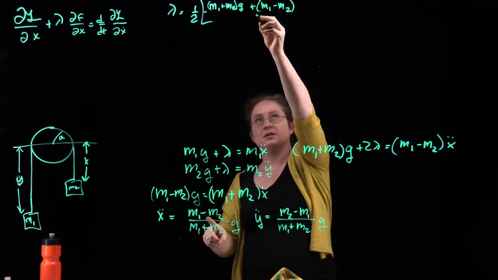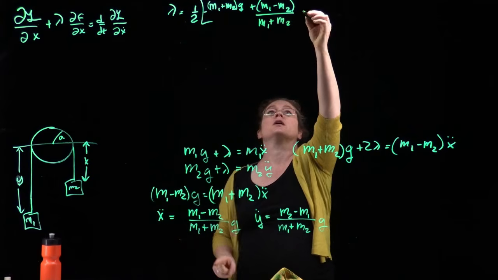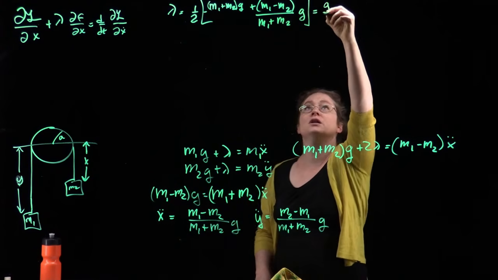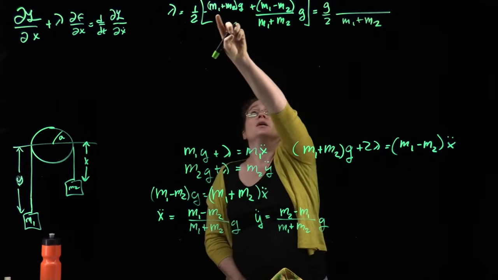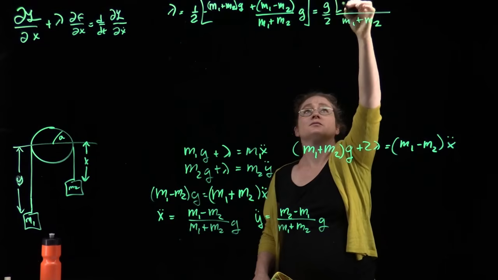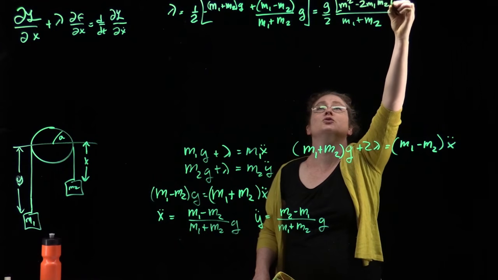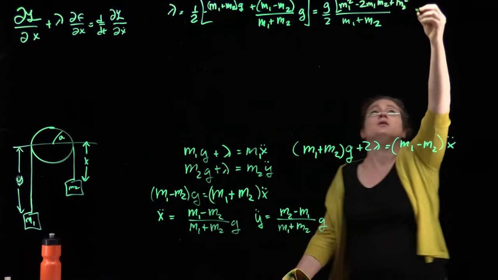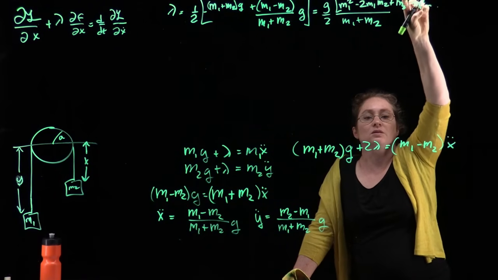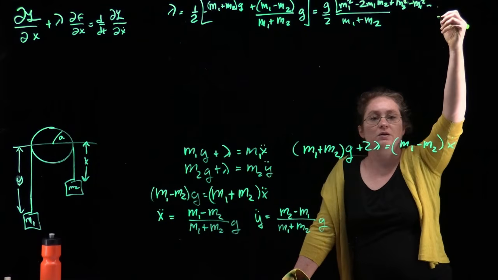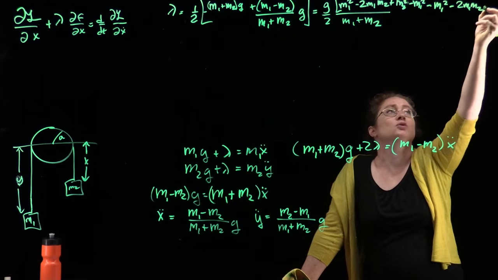which is m1 minus m2, so we have that squared, over m1 plus m2 times g, so this is g over 2 over m1 plus m2, and then this is m1 squared minus 2 m1 m2 plus m2 squared minus m1 squared minus, you can't read the squared right there, it's a squared, minus 2 m1 m2.